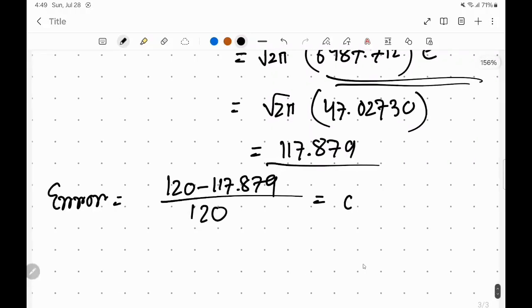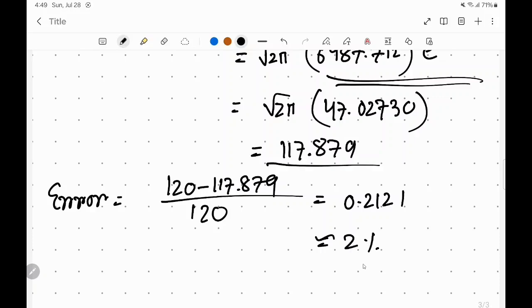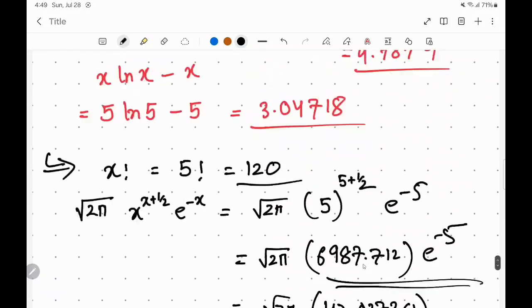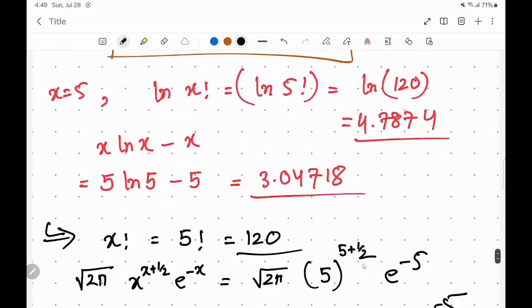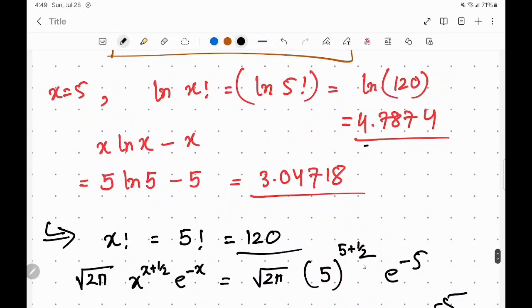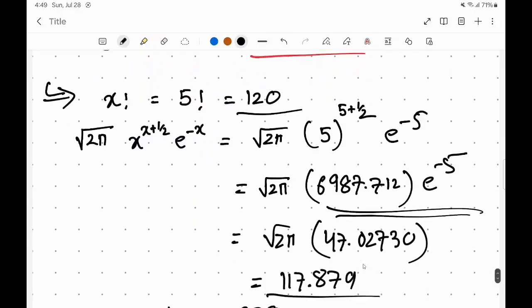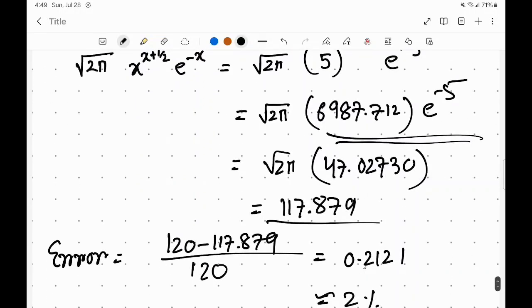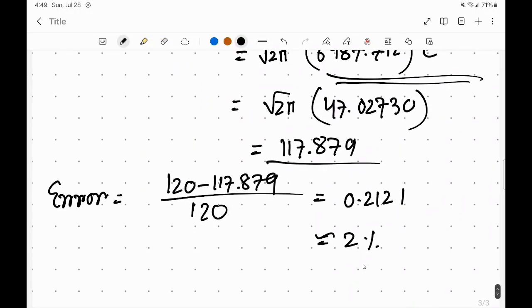It is about 0.02, that means 2% error. The error in the approximation is very large: it will be around 30%, probably close to 35% error. But if you use the original Stirling formula, the error is very small, 2%.